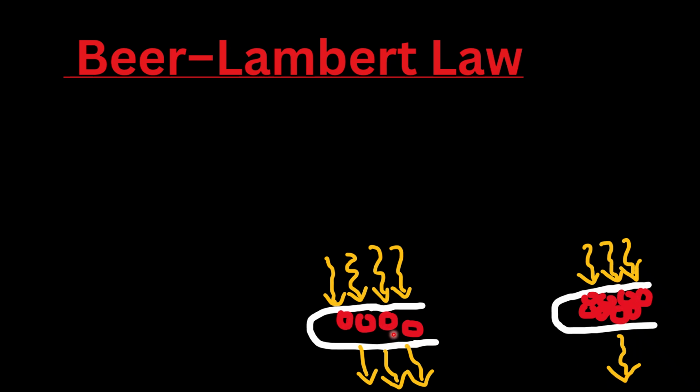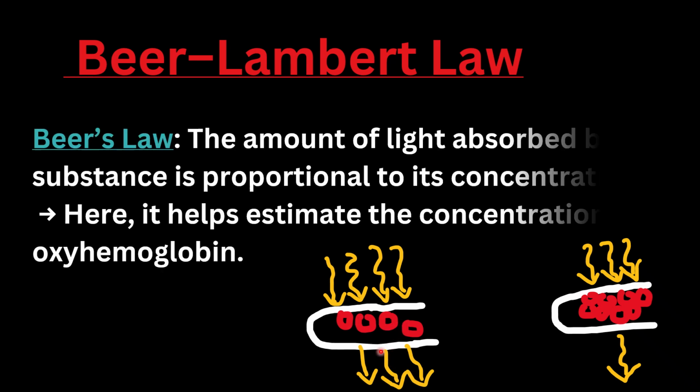Similarly, if the amount of hemoglobin is lesser, less light is absorbed and more light is transmitted. So Beer's law states that the amount of light absorbed by a substance is proportional to its concentration. In this context, it helps in estimating the concentration of oxyhemoglobin.